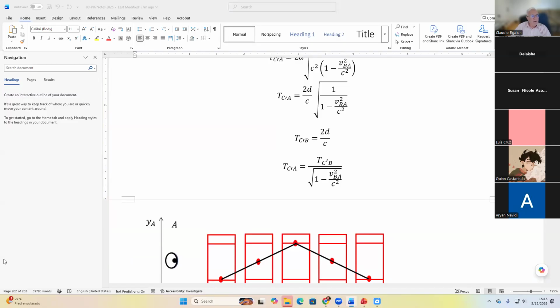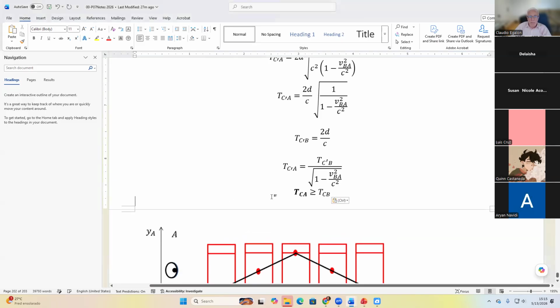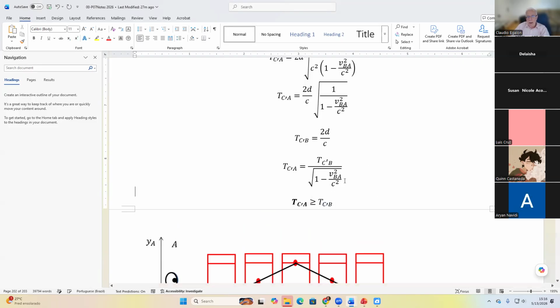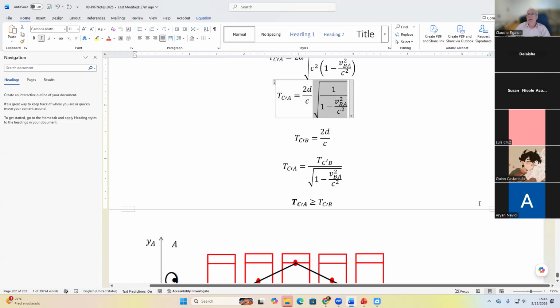Now we can clearly see that TC prime A is greater than TC prime B. Why is that? Because this term that you see right in here is going to be less than 1.